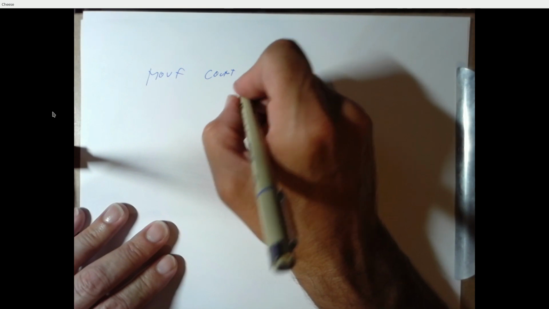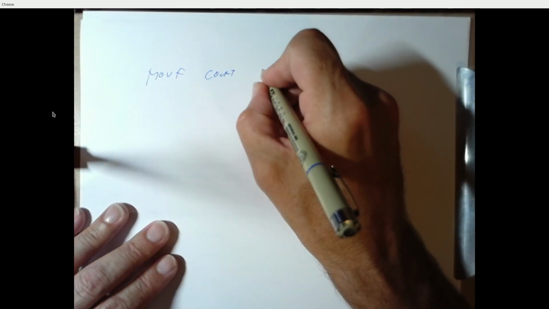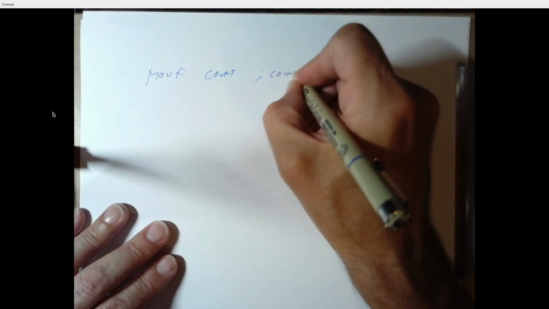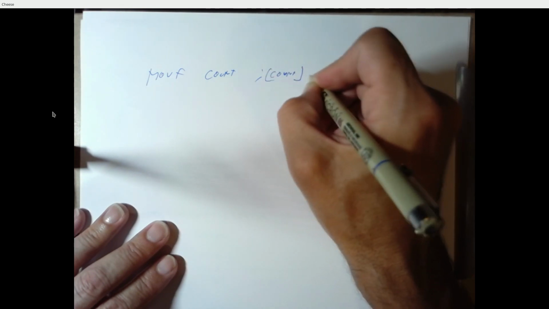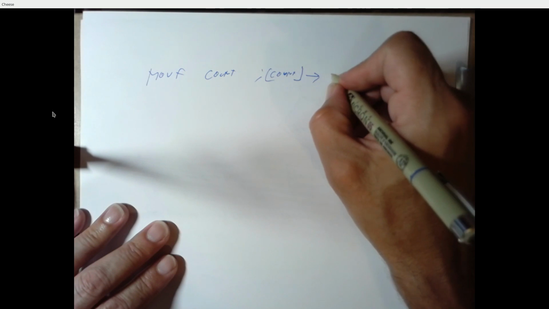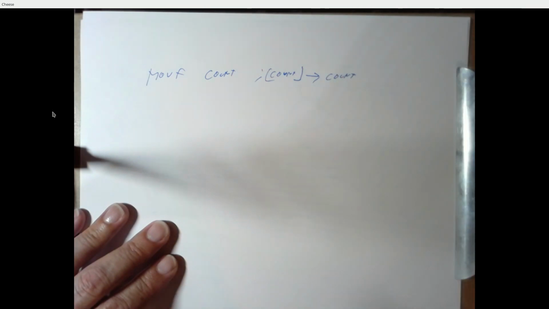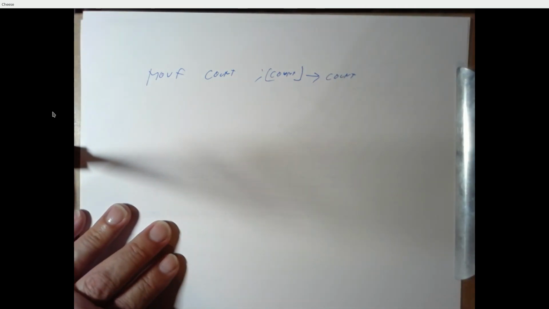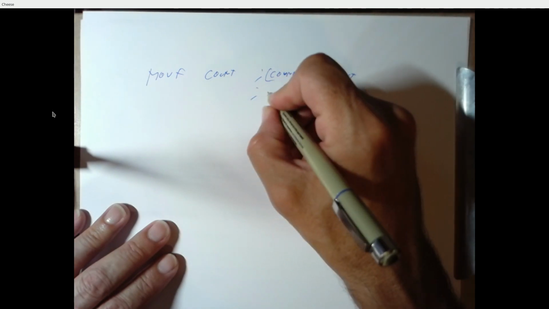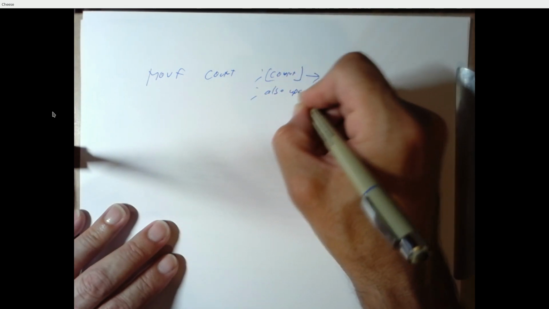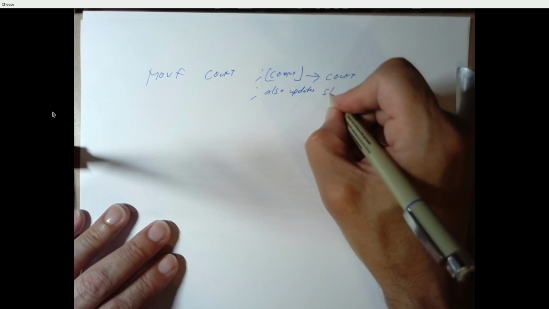If we say comma 0, it moves count to the W register, but if we just say move F count without anything after it, it really takes the value of count, reads it, and then writes it back into the variable count. It seems like it doesn't do anything, but it also updates status bits.